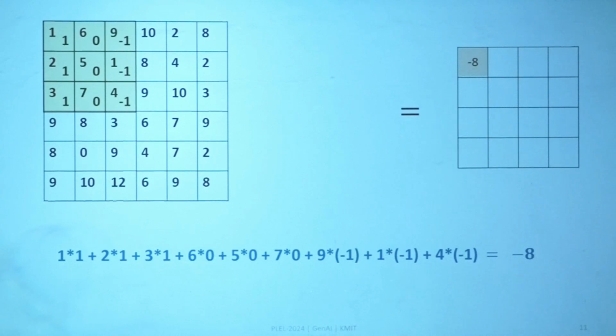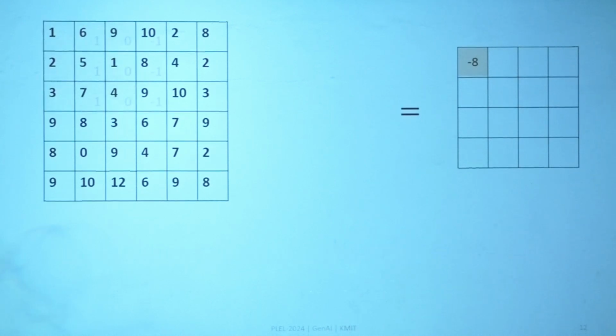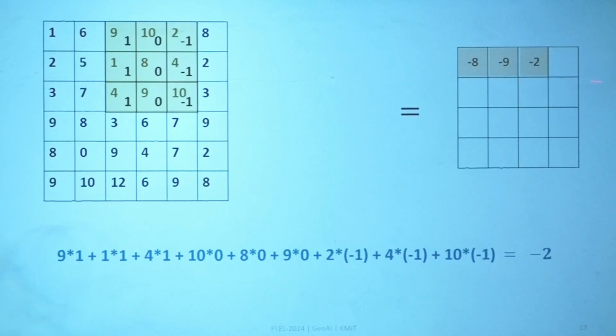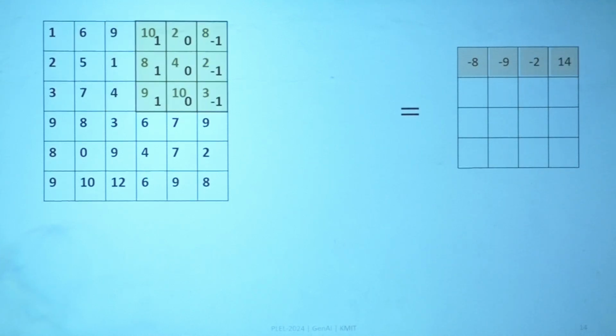What is the next step? Exactly. The filter will slide to the next position, giving the result, and the next result, and the next. Once the valid convolution is done across the image from left to right, where will it go?